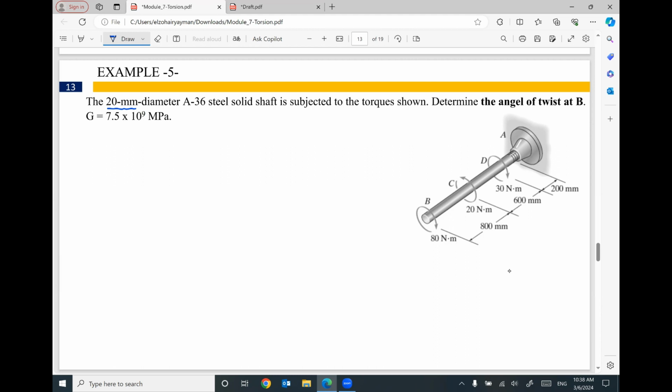First, the value of J for this cross section with a diameter of 20 millimeters equals pi divided by 32 times the diameter to the power 4.